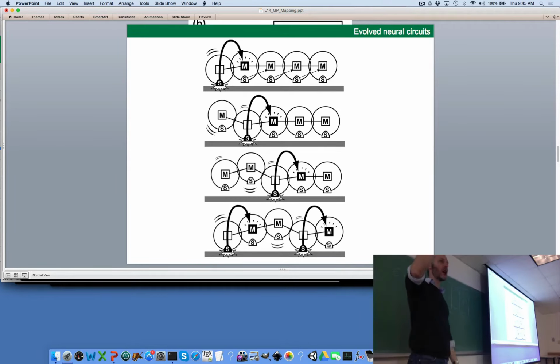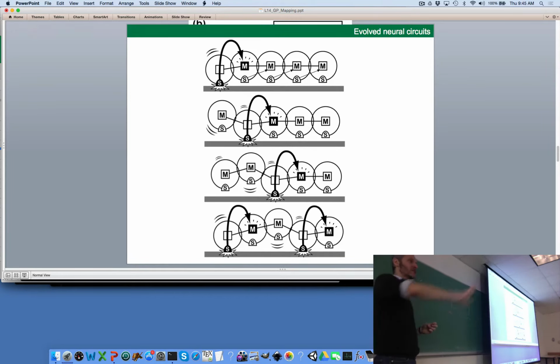There's no central clock saying you move, then you move, then you move. This sequence, this timing emerges from the fact that the robot is embodied in just the right way, right? So embodied cognition is the basis, many of us believe, for higher and higher levels of intelligence. Here we're using evolution to find the right kind of embodiment for the behaviors that we want.